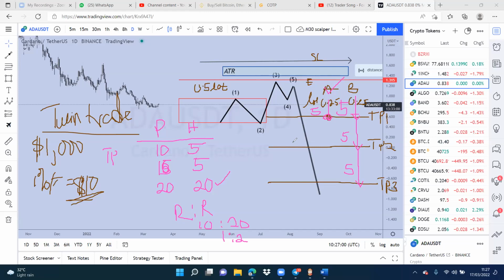Now, what happens if A gets to TP1 and we harvest $5, but rather than B coming this way, it goes back all the way to hit stop loss? Now I need an answer to this question from those who are new to SimplyPips.